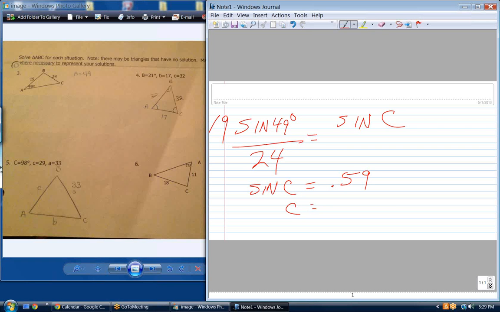The inverse of sine. Inverse sine of 0.59. What do you get? 36.15.